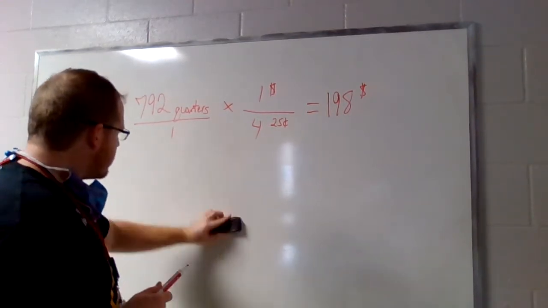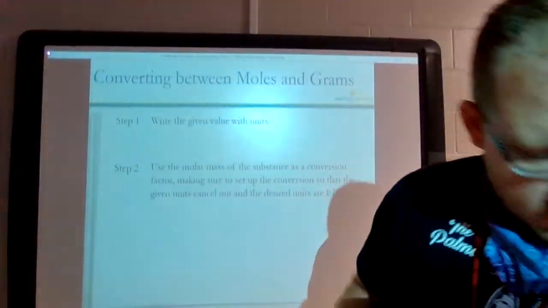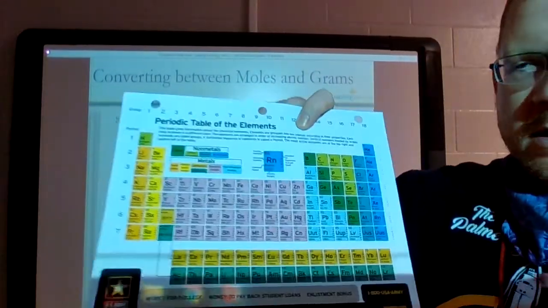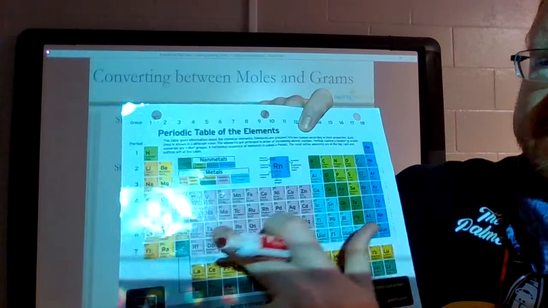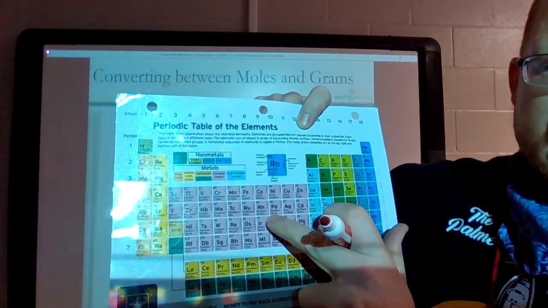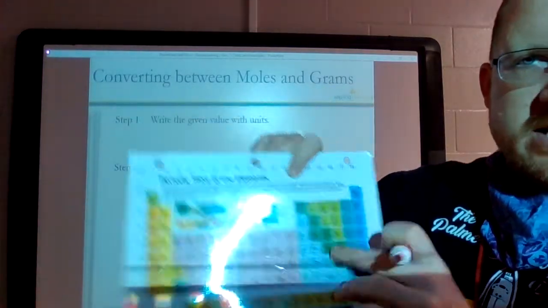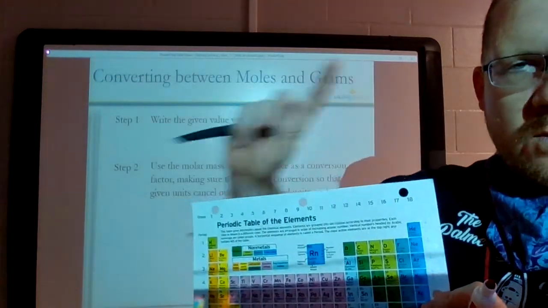Now, for our molar mass conversion, we're going to use the number off of the periodic table. And all of these numbers at the bottom here, the bottom number in the block for your particular element, is going to tell you how much it weighs in grams for 1 mole.